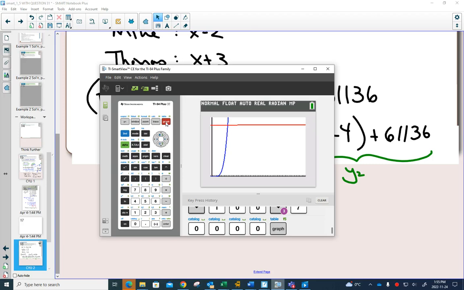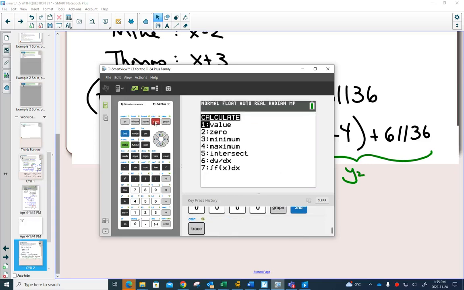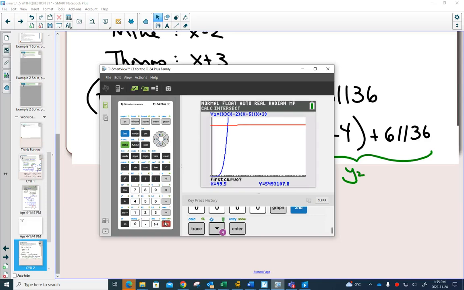So your graphing calculator, with Desmos, I think you just click on where they cross, it figures it out. Okay? On the graphing calculator, you have to go second, calculate, number 5. Where do they intersect? Push enter on the first curve, push enter on the second curve, push enter to guess, and x is equal to 17.